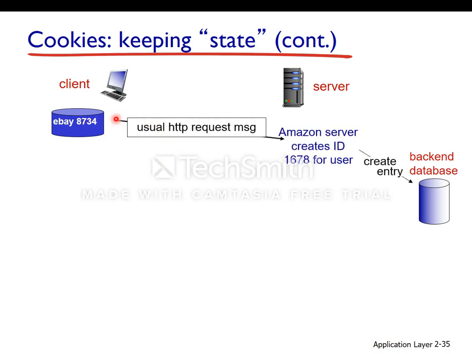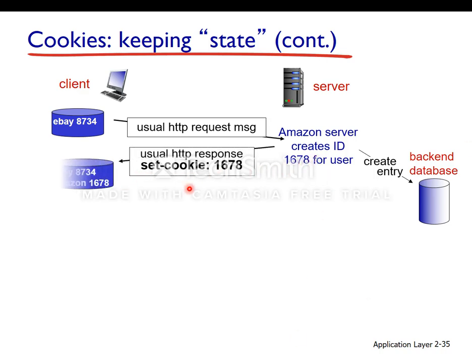She sends her HTTP request, and the Amazon server will create some ID, 1678, for this client and store some information in the backend database. Then it's going to send in the response Set-cookie: 1678. So now this client will have a cookie file, Amazon 1678.